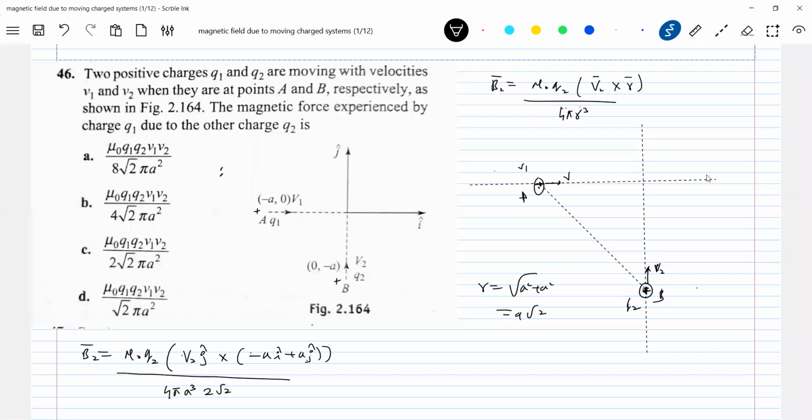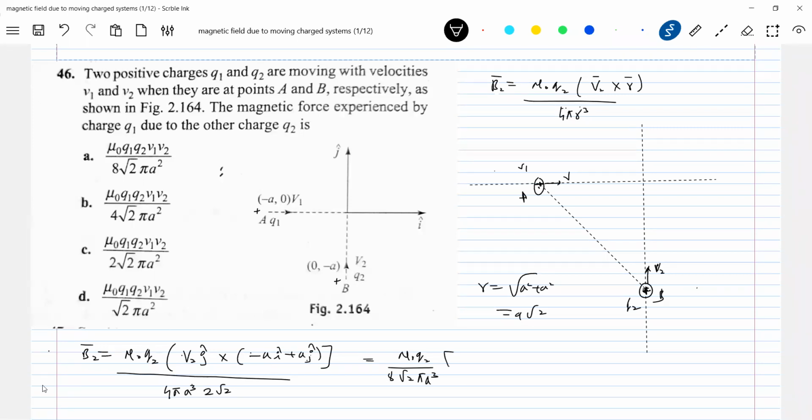This much is there, so we'll take the cross product of this. B2 is equal to mu naught Q2 over 8 root 2 pi A cube, times j cross i minus k.